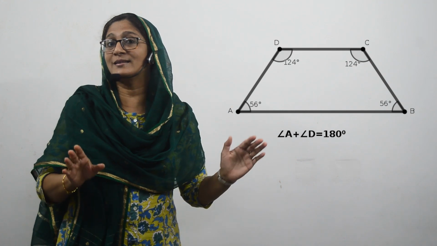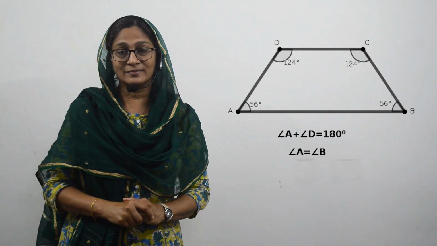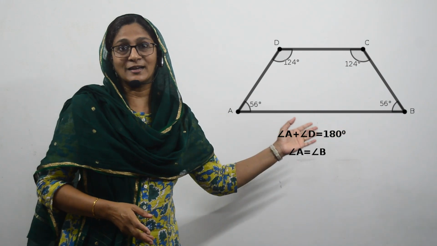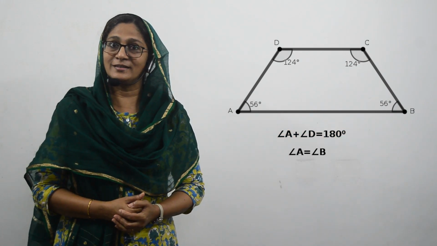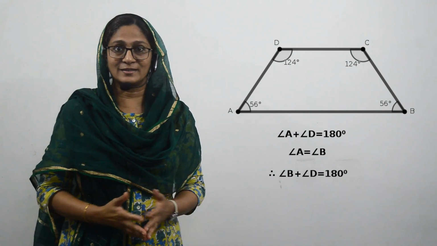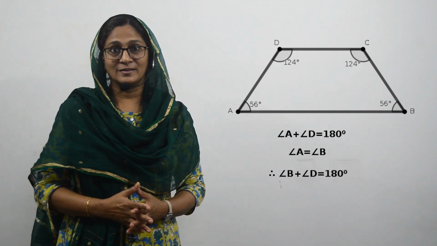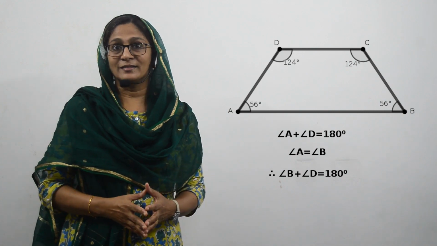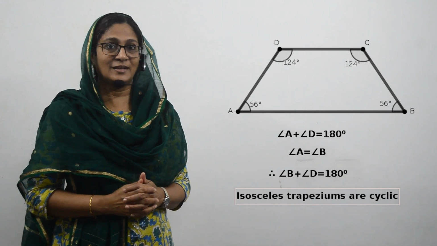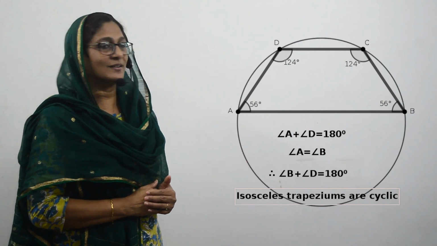That means the base angles will be the same. So angle A and B are equal here. So thus, angle B plus angle D will be 180 degrees, isn't it? Now if the opposite angles of an isosceles trapezium are supplementary, then we can say that it is cyclic. Let us try to draw a circle around it. See, isosceles trapeziums are cyclic.